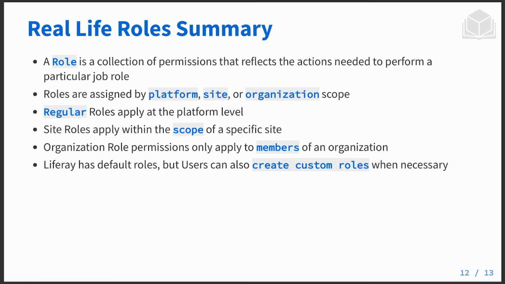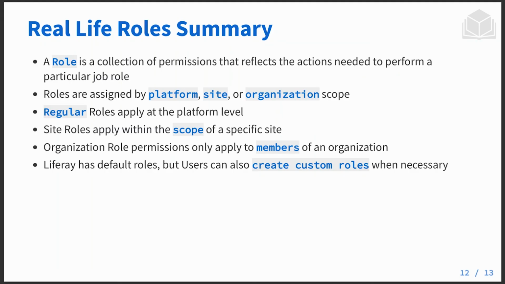So to wrap up here, a role is a collection of permissions that represent an actual job function or role that you have on the platform. It's going to be scoped to either the entire platform, an organization, or a site. That allows you to be more specific about what you can do and where. Regular roles are the roles that apply everywhere.